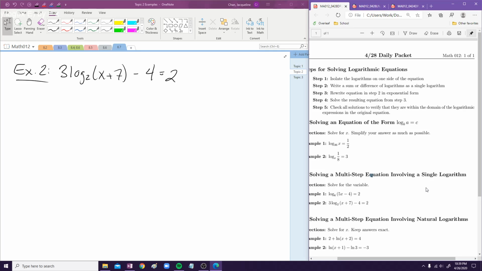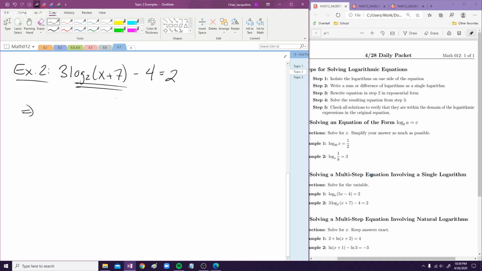We want to isolate the logarithm to one side. Essentially that means I want all these coefficients and stuff to go away. My goal is to get this by itself. So how do I do that? I'm treating this as if it were like y, like solving for y.